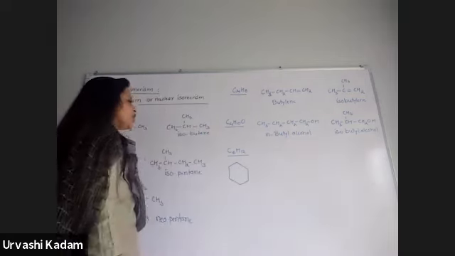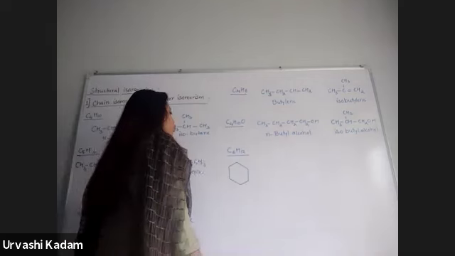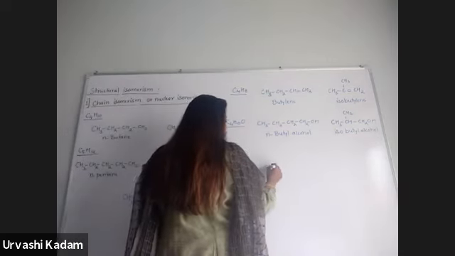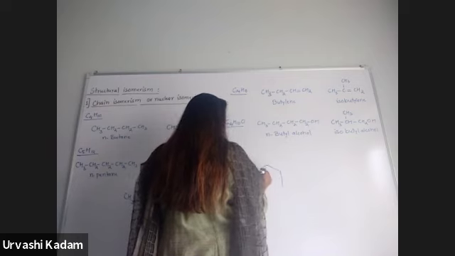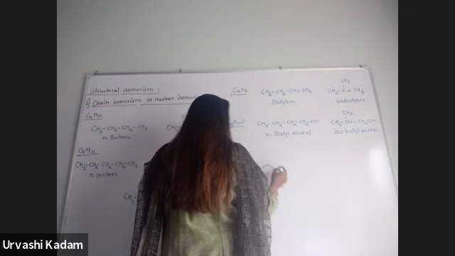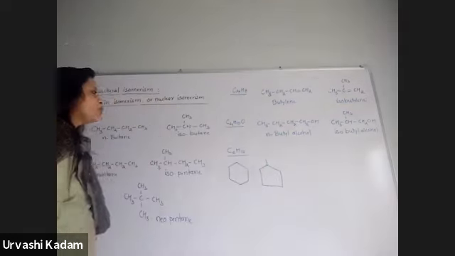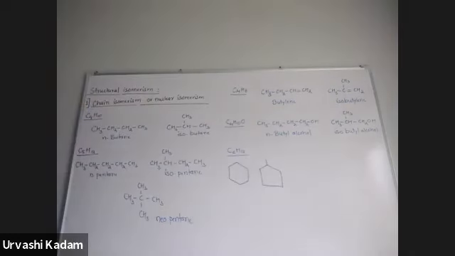So C6H12, this is your cyclohexane. And then a chain isomer of this, where the ring members have changed, is methylcyclopentane. So cyclohexane and methylcyclopentane are chain isomers of each other.